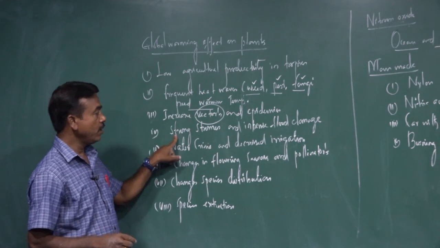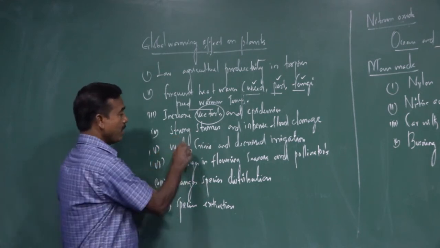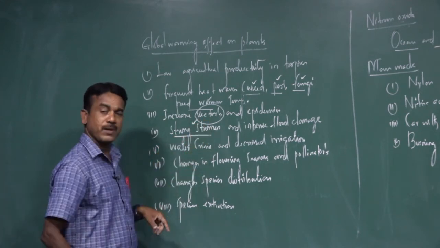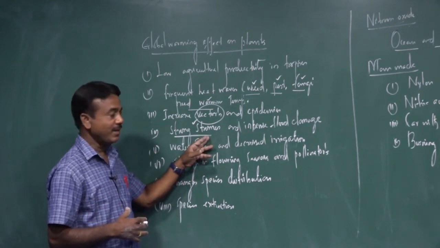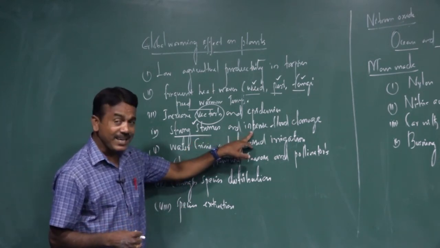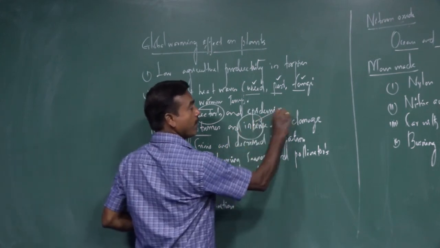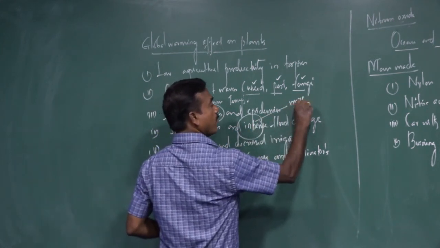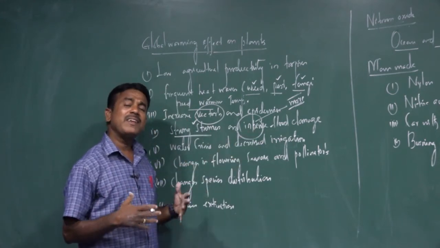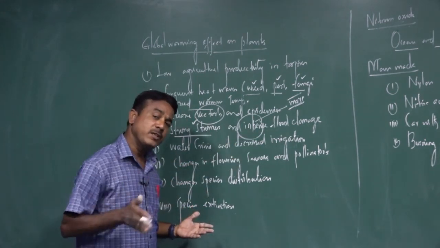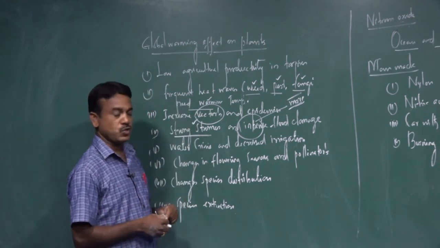Then, due to high temperature, strong storms happen. Storms frequently arise, resulting in more floods because of heavy rains, and the flood level may increase because of the temperature.